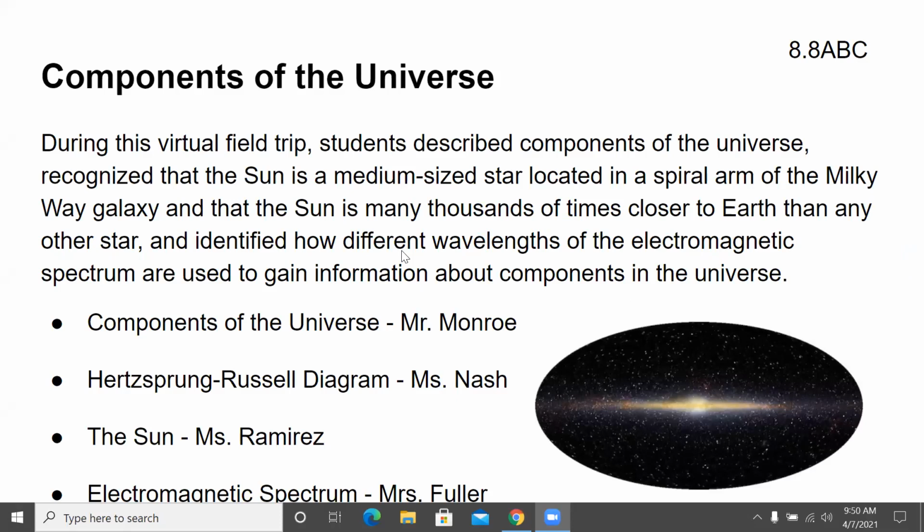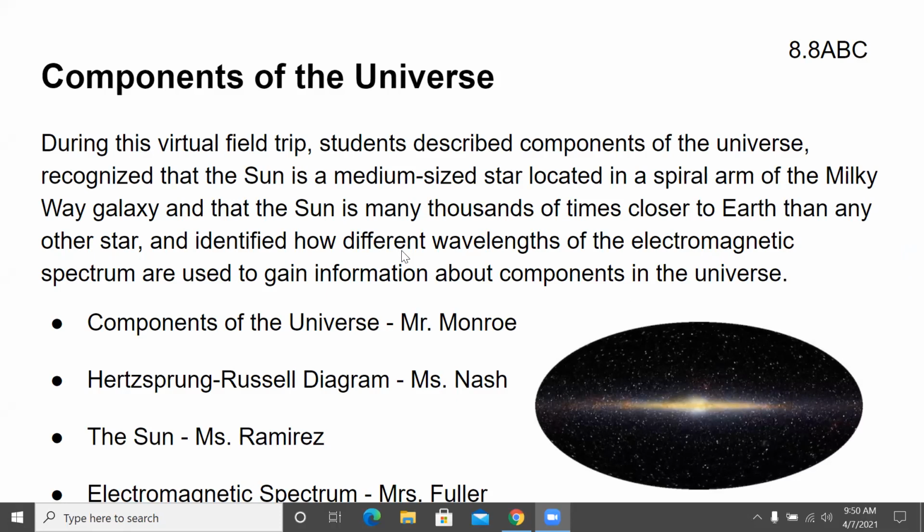During this virtual field trip, students described components of the universe, recognized that the sun is a medium-sized star located in a spiral arm of the Milky Way galaxy, and that the sun is many thousands of times closer to the Earth than any other star, and identified how different wavelengths of the electromagnetic spectrum are used to gain information about components in the universe.